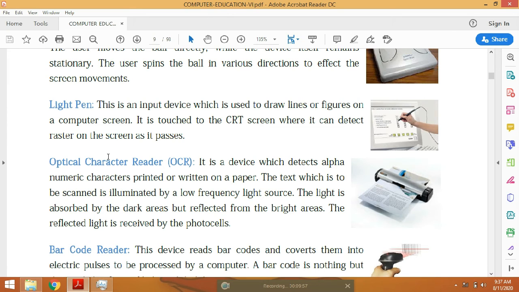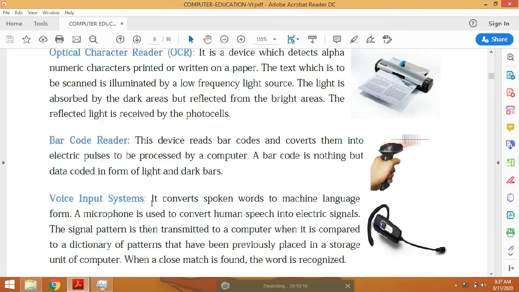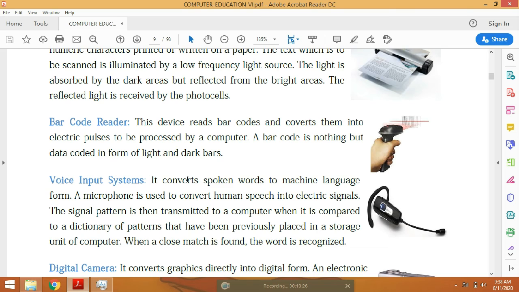Whatever characters are written on a sheet are detected and checked whether they are correct or not. Then the barcode reader. The information is stored inside a black box, and that is read out with the help of a device called a barcode reader.